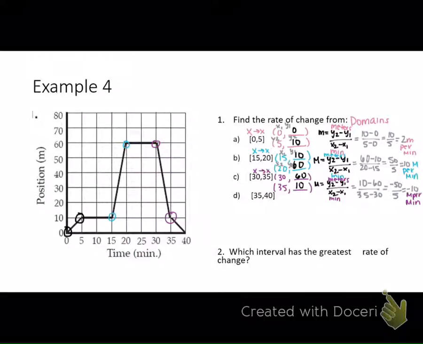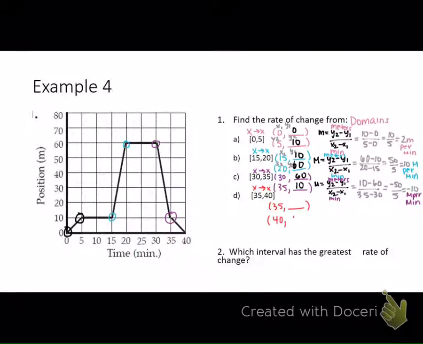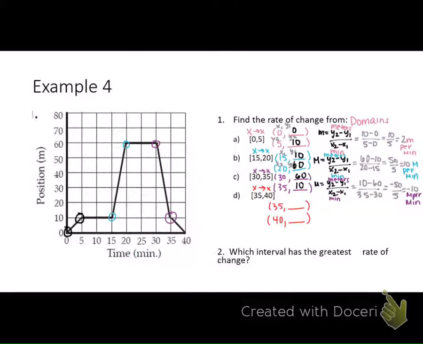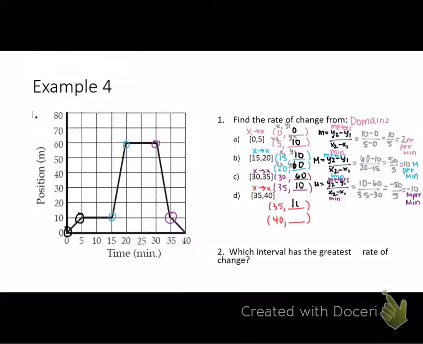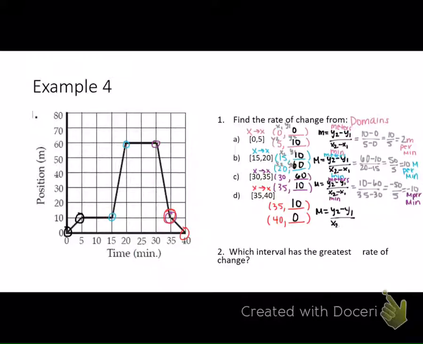And then finally, this last one here, again, it's another x value to an x value. So it would be 35 comma something and 40 comma something. Jordan, it's 35 comma 10, good. And Mike, 40 comma 0. So m is y2 minus y1 over x2 minus x1.